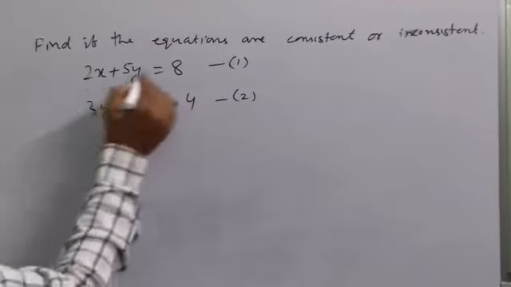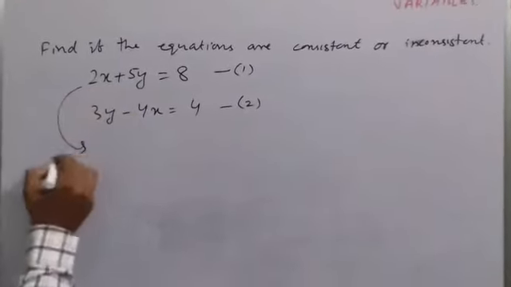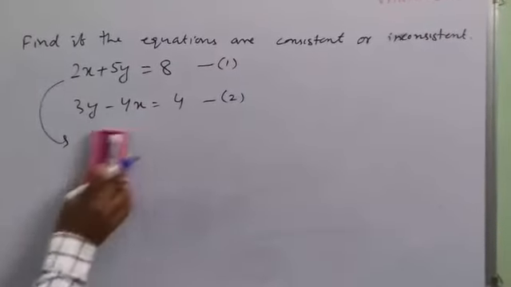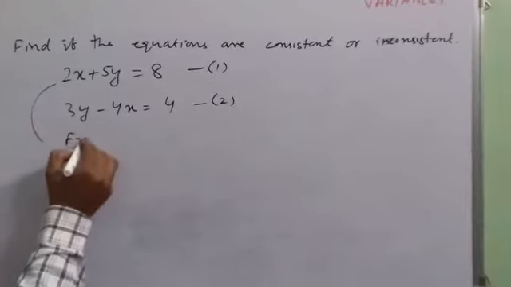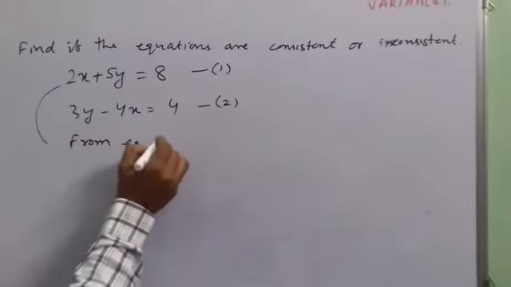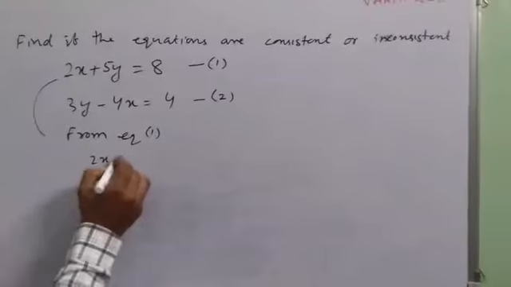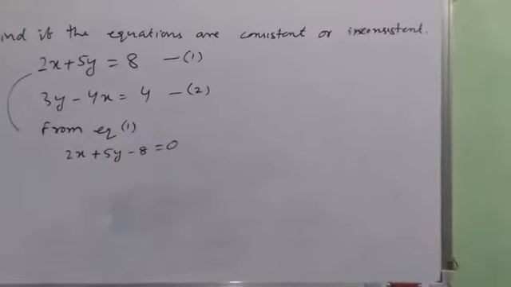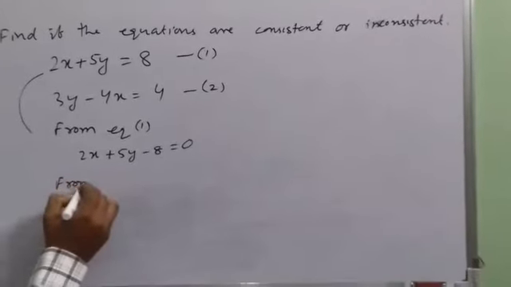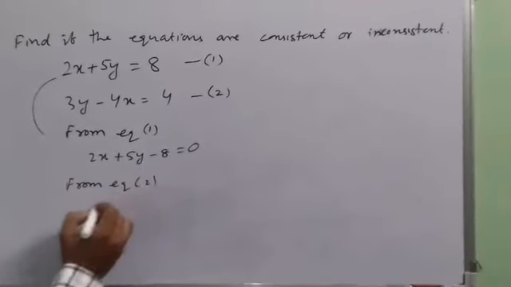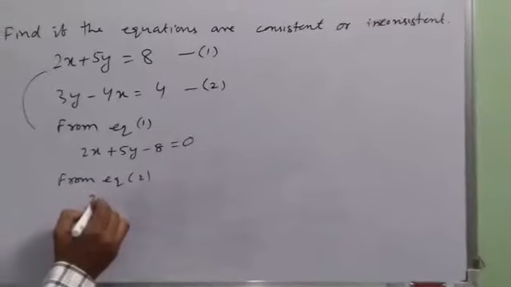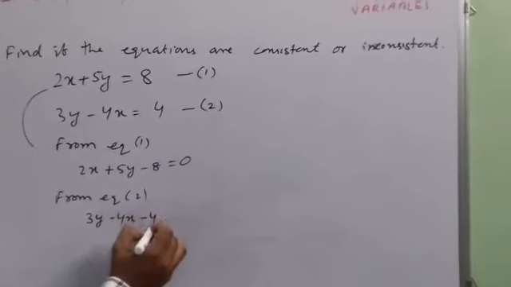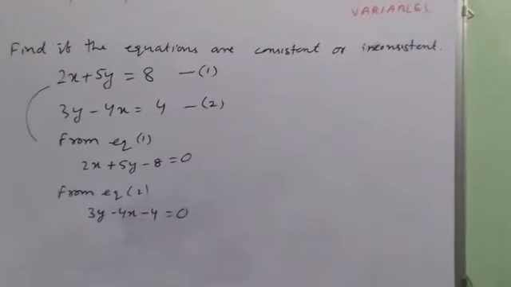Now you see, if I rearrange this, from equation 1 we can write 2x plus 5y minus 8 equal to 0. And from equation 2, 3y minus 4x minus 4 equal to 0.